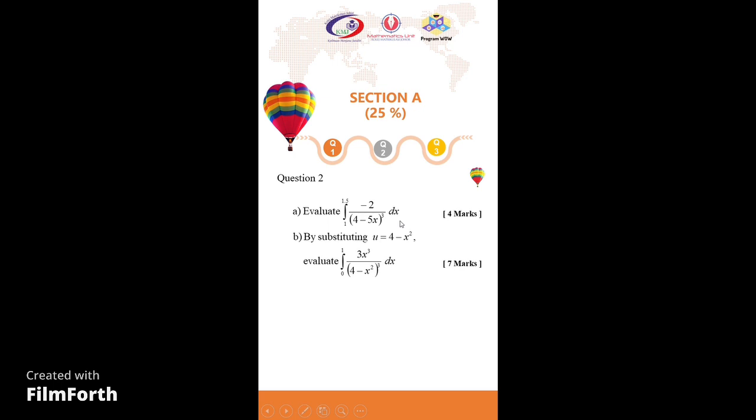Now, question number 2. You have 2 questions. The first one, you need to evaluate the definite integral. And the second one, you need to evaluate the definite integral by using the substitution method.